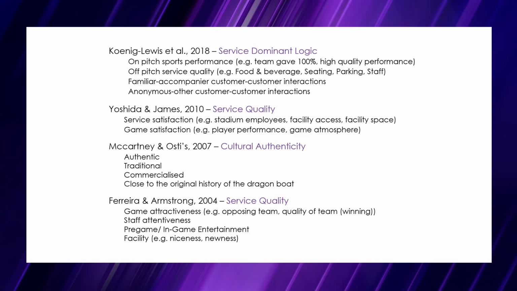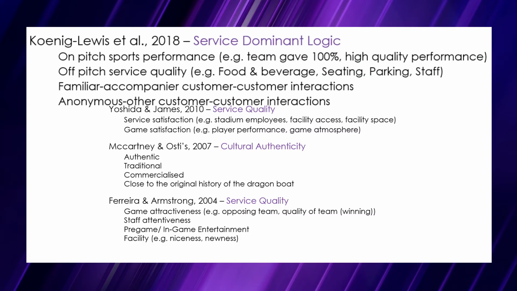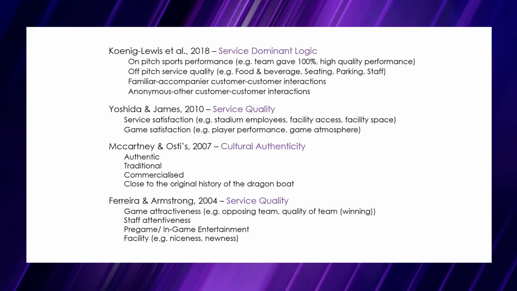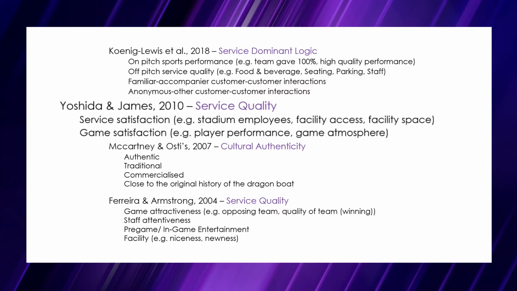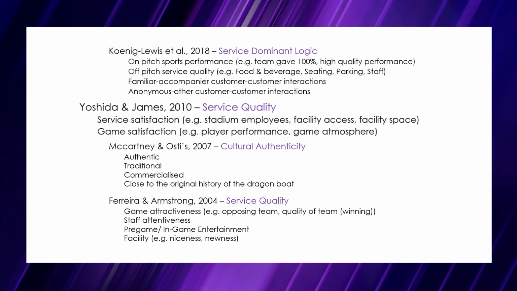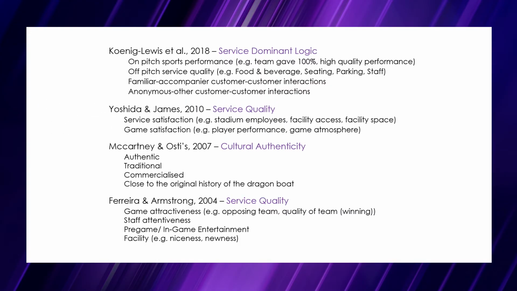From the most recent to the older paper, we have RESTIR and colleagues from 2018 who looked at attributes from a service-dominant logic and identified 4 attributes. Yoshida and James from 2010 looked at attributes from a service quality perspective and considered 2 types of attributes, service satisfaction and game satisfaction.